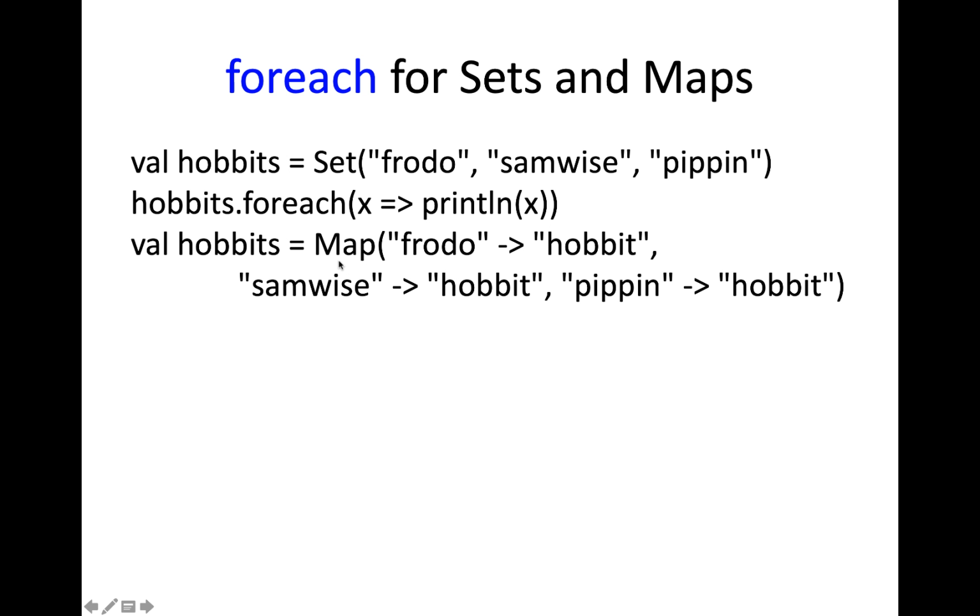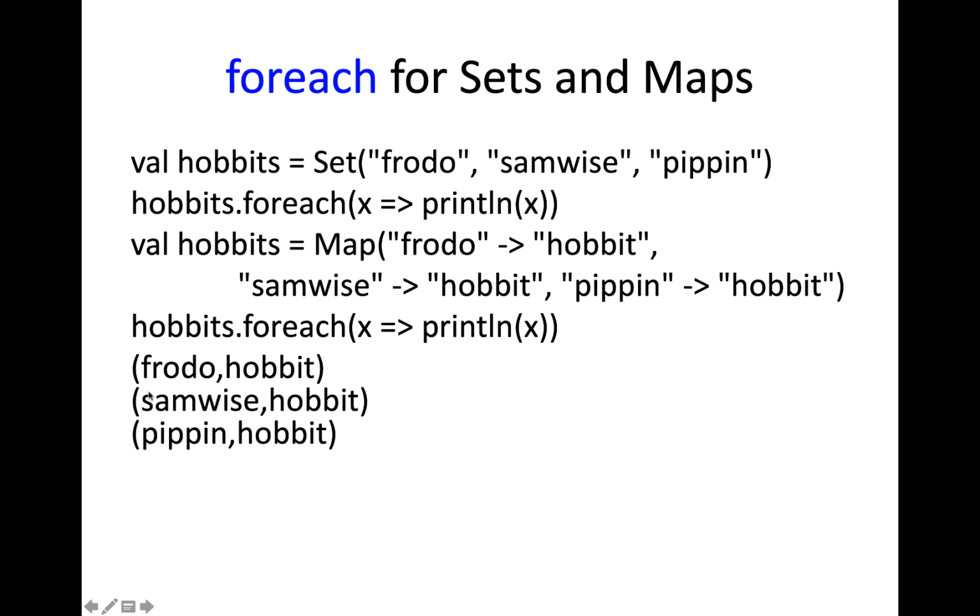Now let's talk about a map. I'm sorry, map is another collection, right? Here the map has 3 key value pairs, and we can use this foreach higher order function on this map, taking this anonymous function. This anonymous function will be applied to the first item, and remember, for a map the first item is the first key value pair, right?